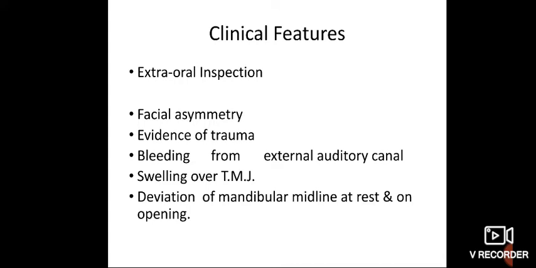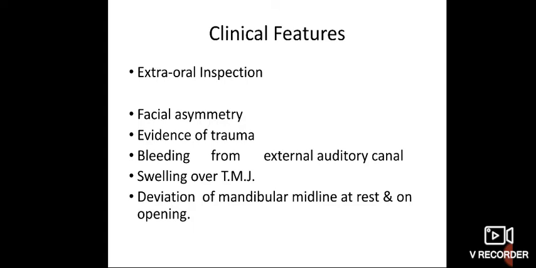This usually occurs not because some damage has occurred inside the ear, but because of the violent force which is transmitted into the glenoid fossa, with the external acoustic meatus lying very next to the glenoid fossa. That force gets transmitted into the middle ear, and the tympanic membrane usually gets injured.